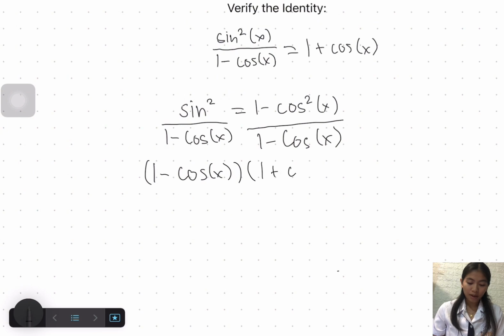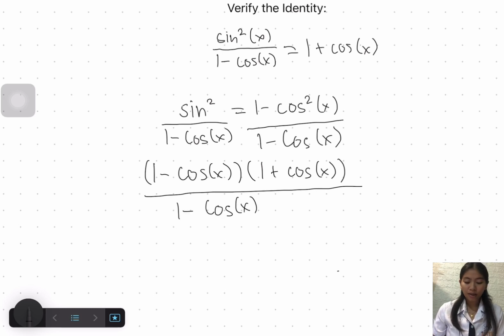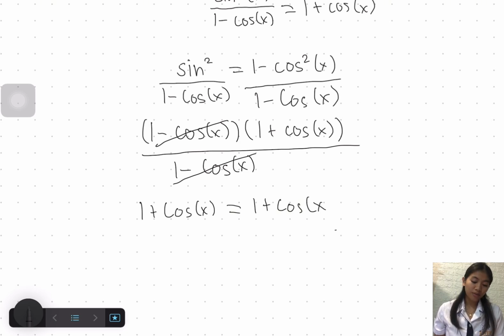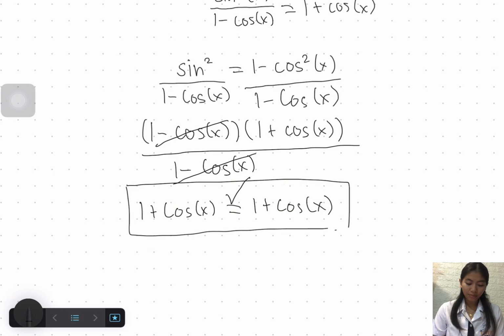Simply let us cancel out the same terms. And now we can verify that both sides are now equal. So this is the final answer. Let's proceed to the next topic.